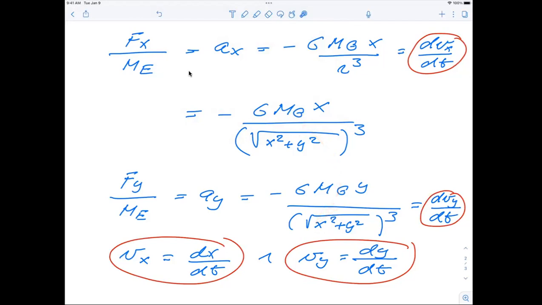In the equation for the velocity in the x direction, we have a dependence on the unknown quantity y. And similarly, in the y direction, we also have a dependence on an unknown quantity. So this could indicate that this equation cannot be solved analytically. It actually can.